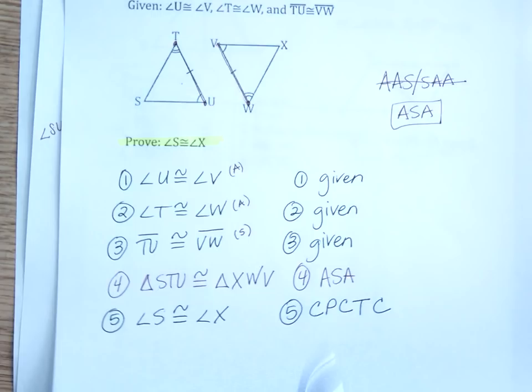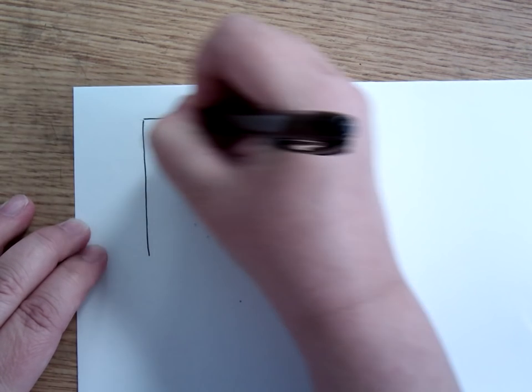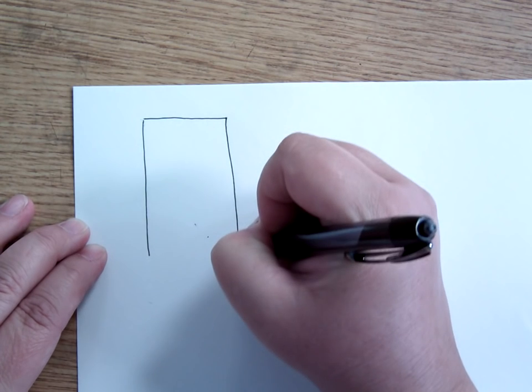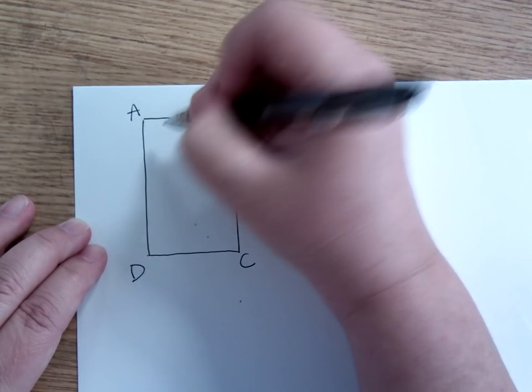Okay, I want to go off paper here and look at another one that is kind of useful. Let's talk about a rectangle for a second. Rectangle has what kind of angles? It has four right angles, right? That's really kind of the definition of a rectangle.